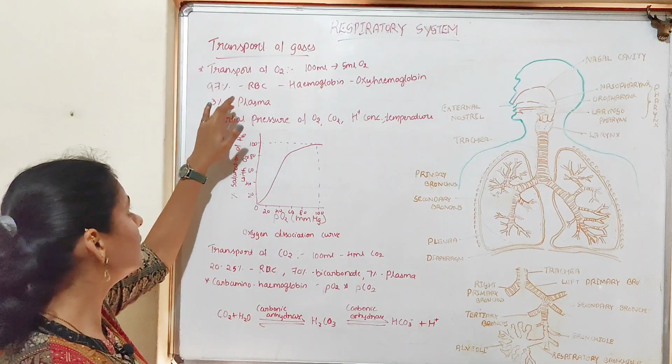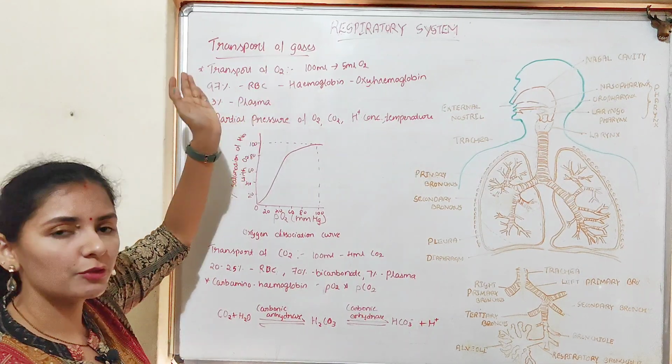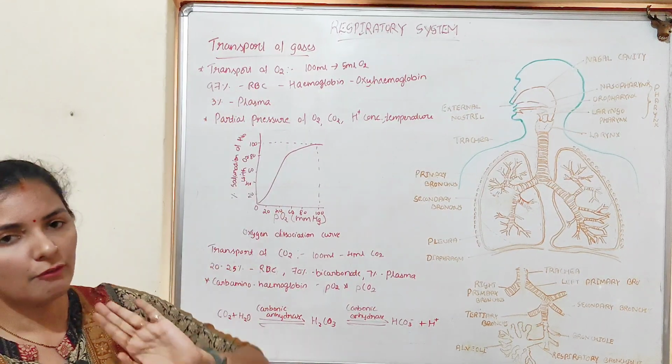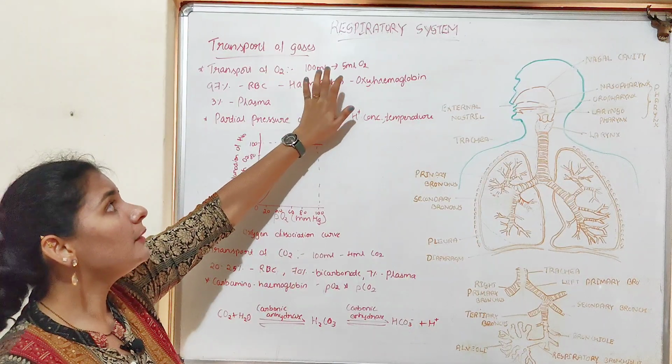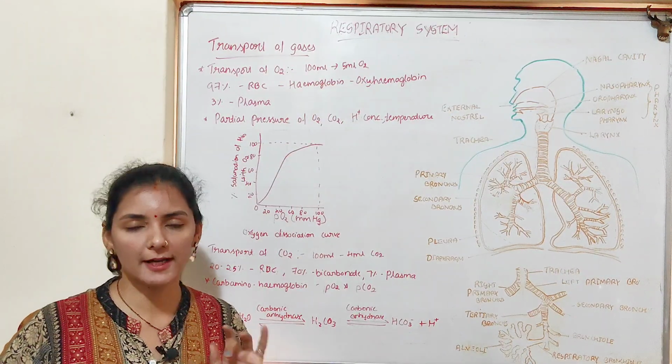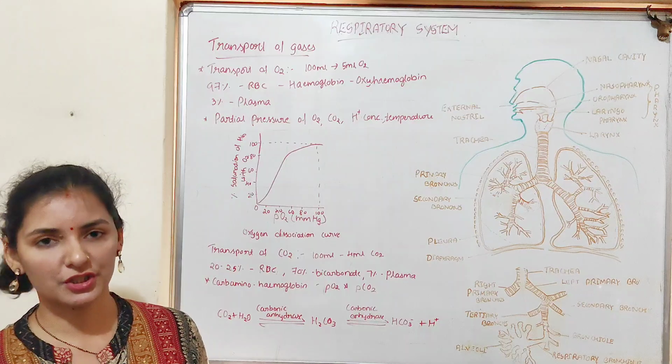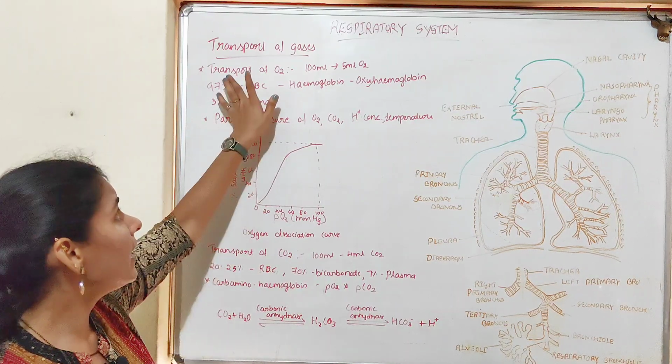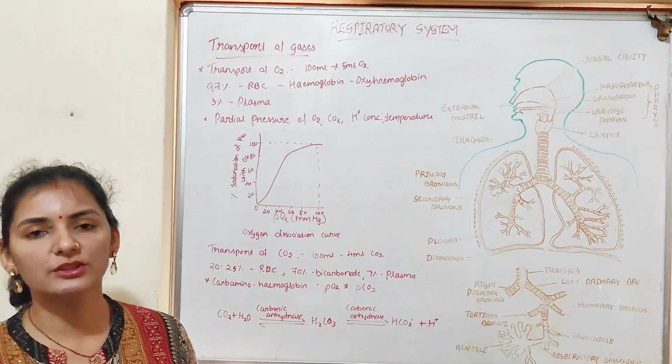So in both ways, oxygen will be transported from the alveoli to the tissue level via blood, and 100 ml of blood carries only 5 ml of oxygen to the tissue level.